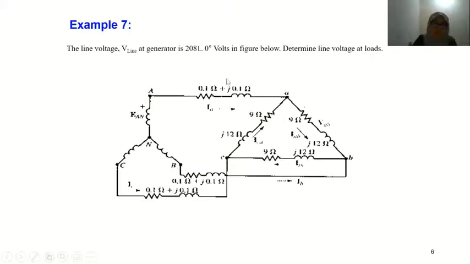So what is the difference between this and the previous example? In the previous example, your transmission line had no impedance at all. But for this example, they are considering the impedance of the transmission line, so the approach in solving this kind of problem is quite different.